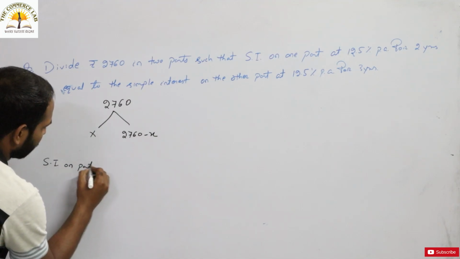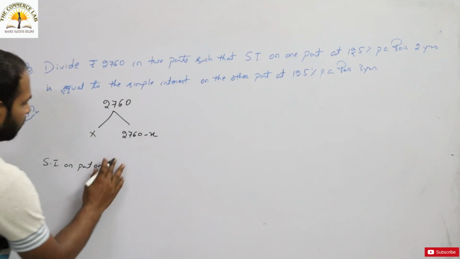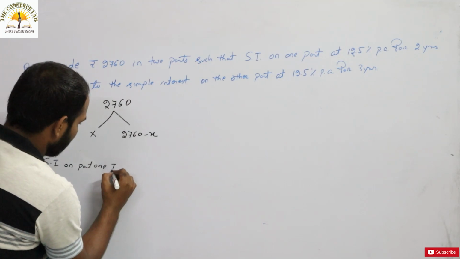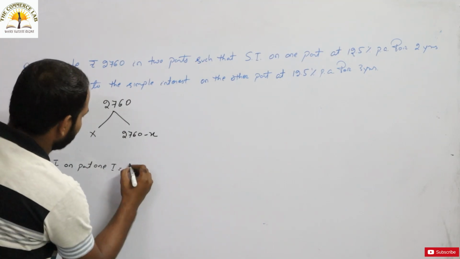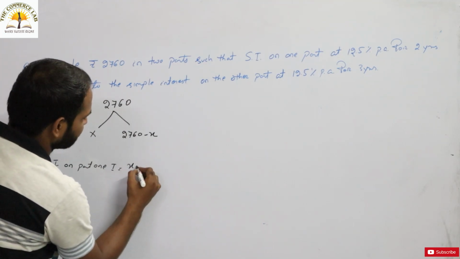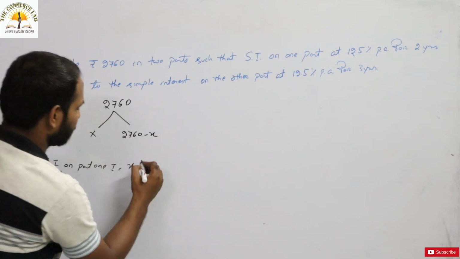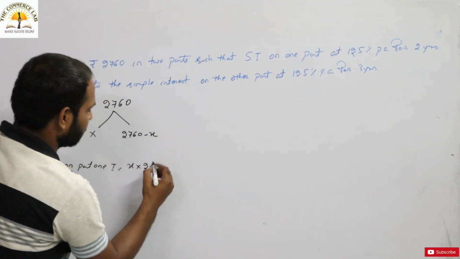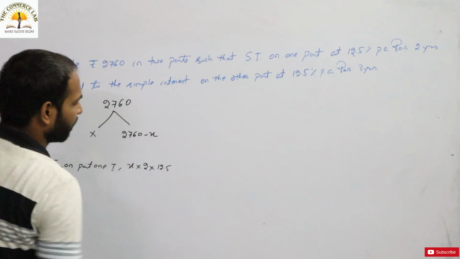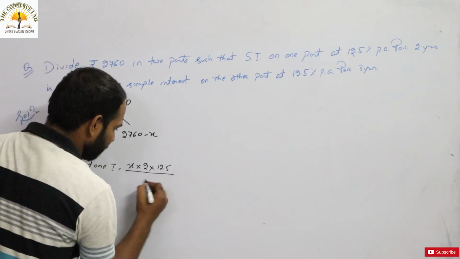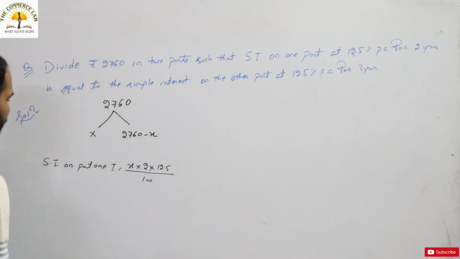Then simple interest on part 1: I is equal to PTR by 100, P is x, T is 2 years given, R is 12.5% by 100.